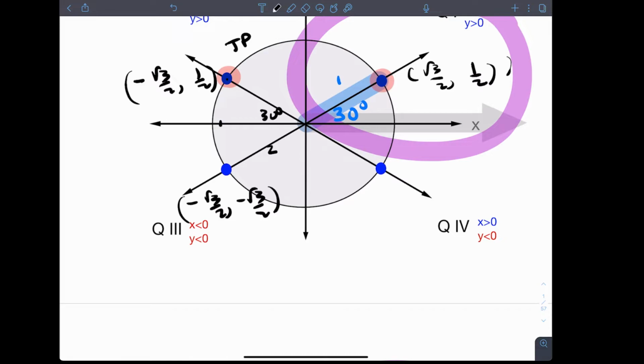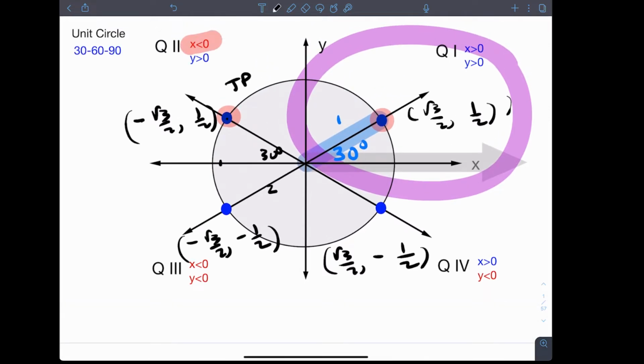And then over here, you've got positive square root of 3 over 2, and then negative 1/2. Okay, and that's for 30 degrees there.